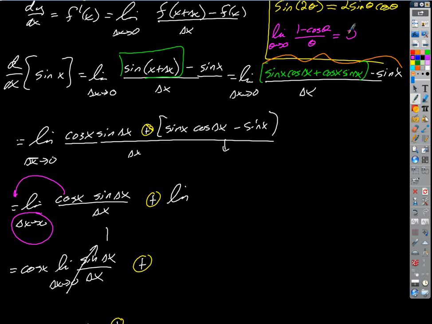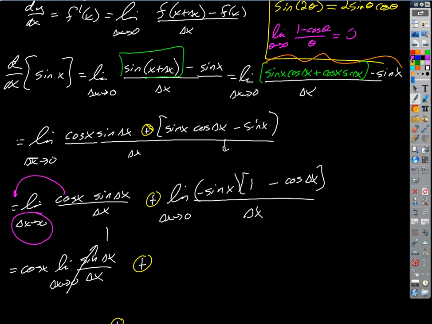And so I'm going to factor out a negative sign instead. Okay? Everybody agree? So we're going to take the limit of negative sine x times what's left over, 1 minus cosine delta x, right? All over delta x as delta x goes to 0.